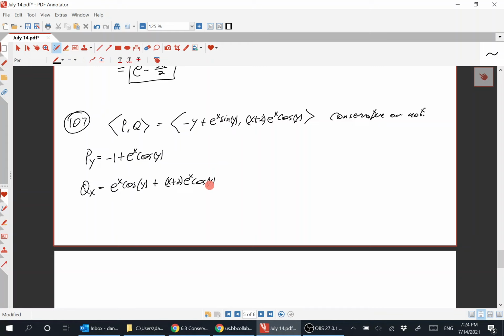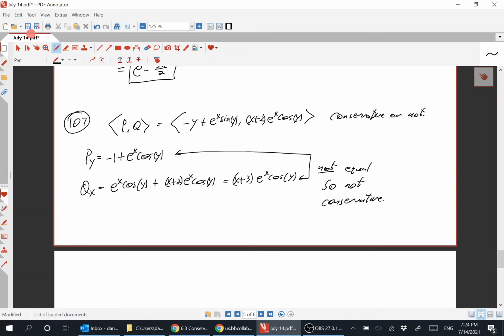The derivative of x plus 2 is 1, and e to the x cosine y, with the cosine y being a constant, has derivative e to the x cosine y. So this is x plus 3 e to the x cosine y. So these are not equal at all, right? So not conservative, not a gradient vector field. So that's 107.